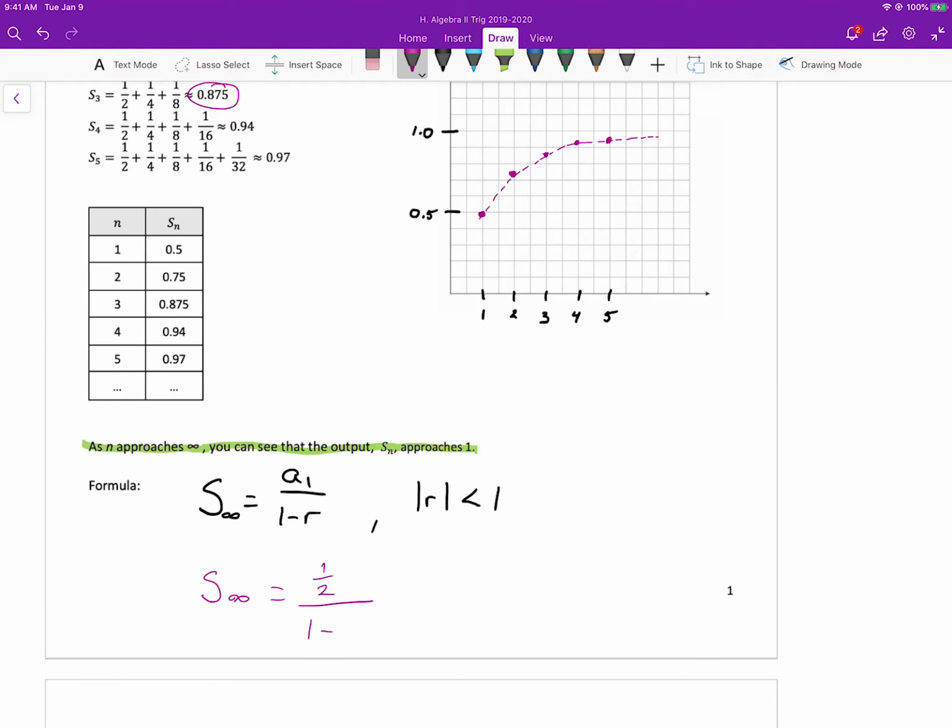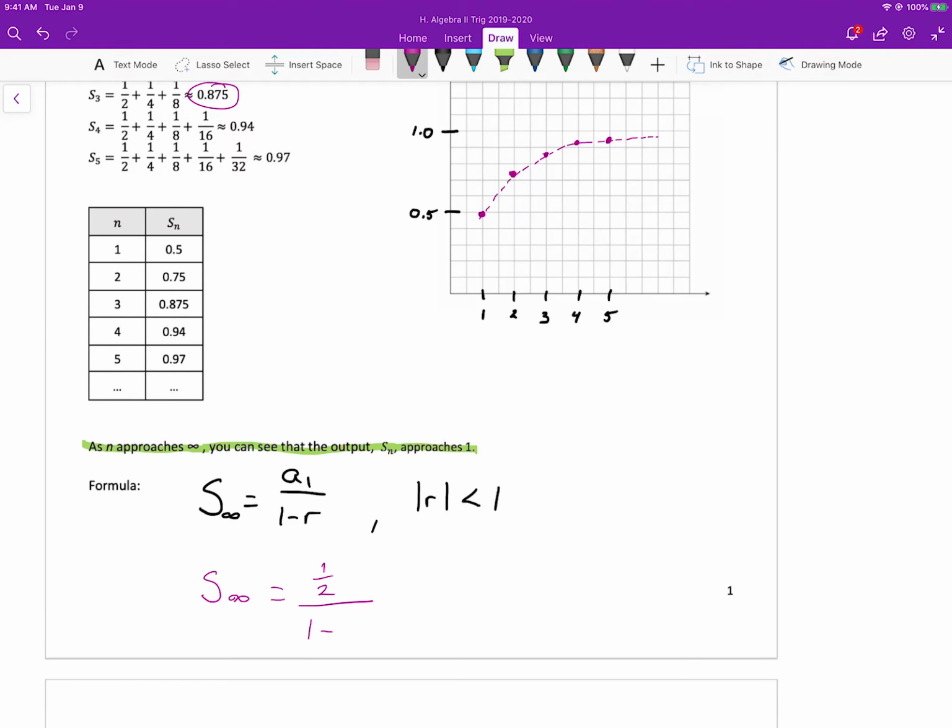And I'm going to let you think about why it has to be less than 1 to use this formula. When we do this, you're going to end up with 1 as your answer, the same way as we did when we graphed and we could see it was approaching that.